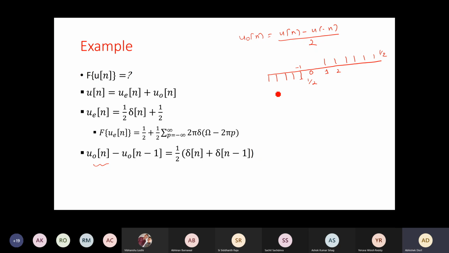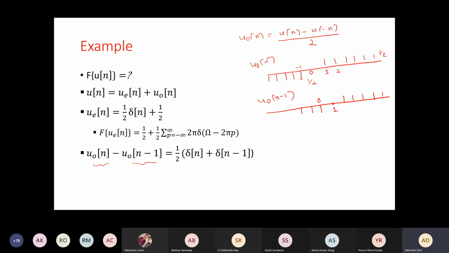So if I subtract from this U odd n minus 1, what is this signal? So from this I subtract U odd n minus 1. So what should happen? I will get this. You have to remember that this is 0 and this is 1. So this is U odd n minus 1, and this is U odd n.